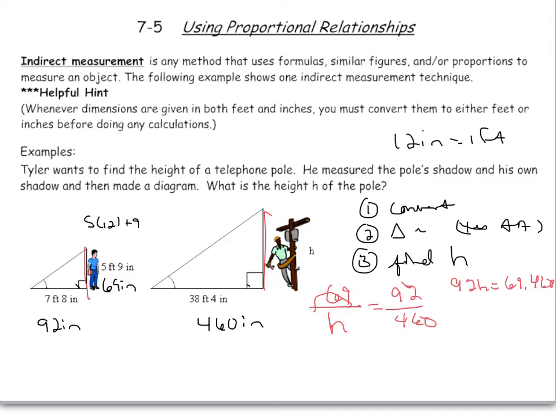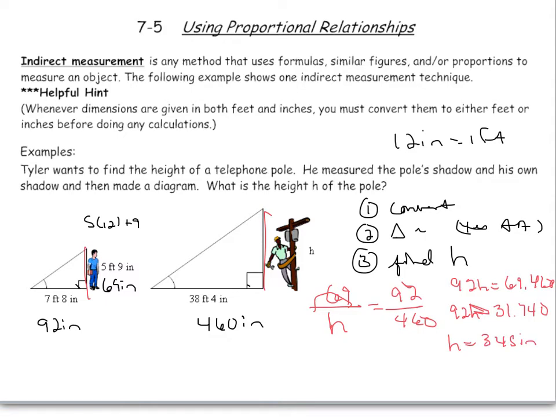So go ahead and multiply those. I'm sorry, you guys. We get 92h is 31,740. There we go. Now you divide by 92. You should get that your height is 345 inches.